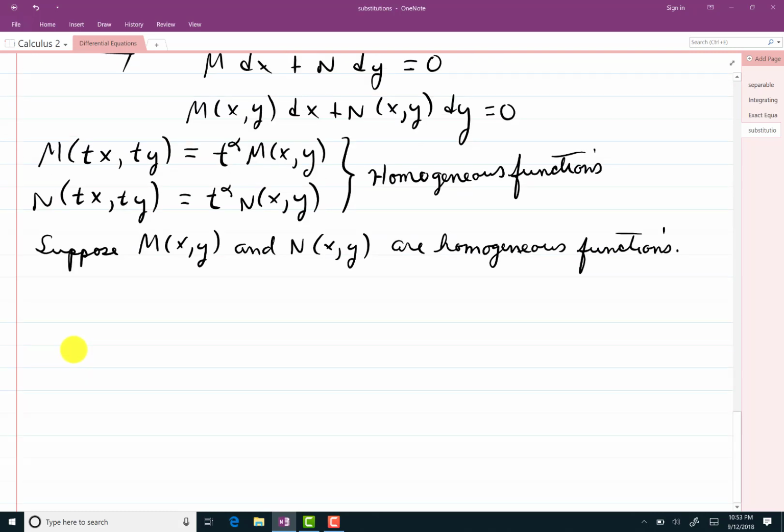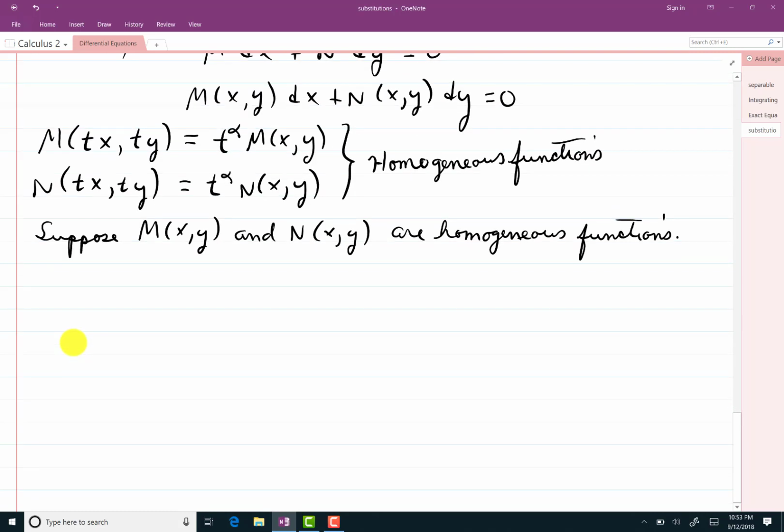Okay, if that's the case, then here's what I could do. I could take the m and I could rewrite the first piece as x times 1, and the second piece is x times y over x.